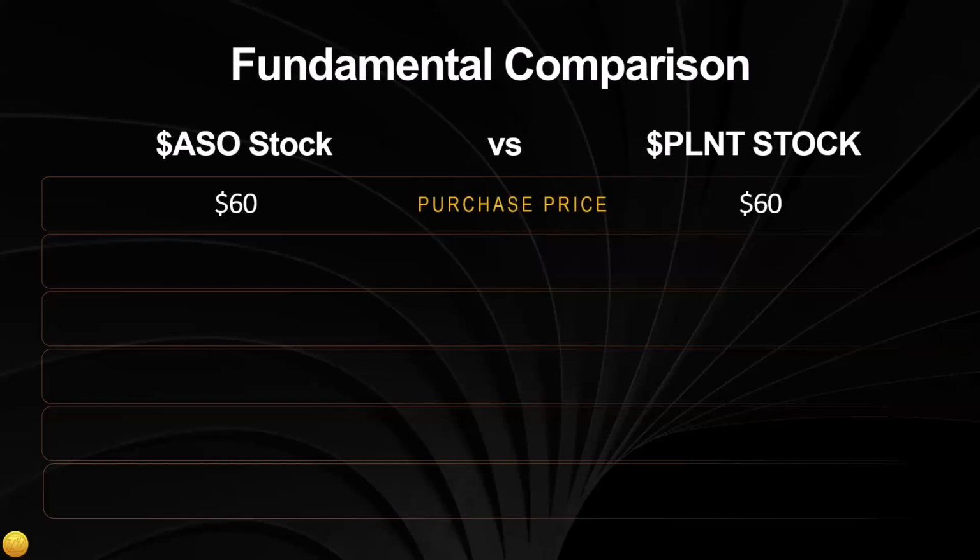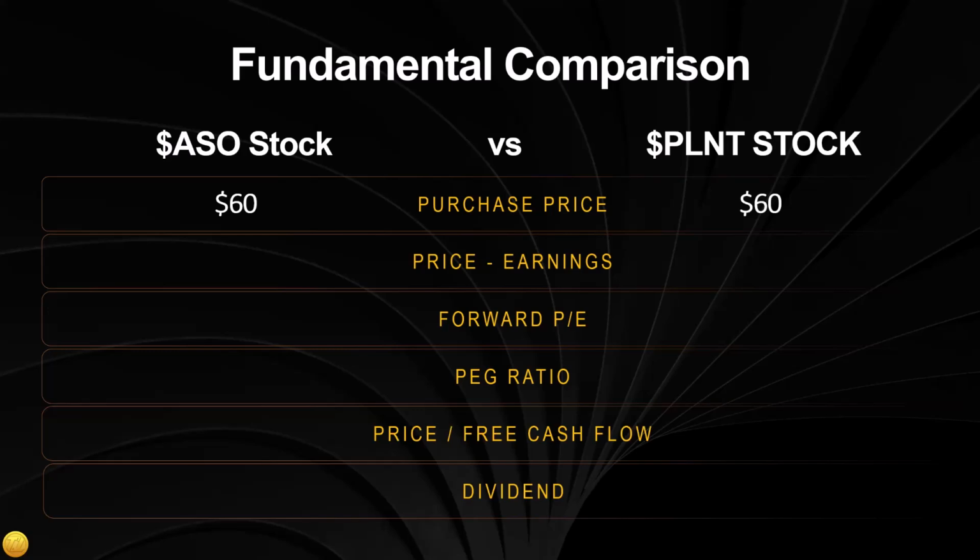Now, investor A, who's watching the Decoding Buffett series, sees the $60 price tag, and they know, well, that's $60, but I'm going to have to dive under the hood to see if that $60 represents value. Whereas investor B, also new to investing, sees that $60, but that's all they see. They don't have any context to put that under. Well, it is going to be our job to put context, put valuation to that price tag. And we're going to dive into some metrics in order to help us do that.